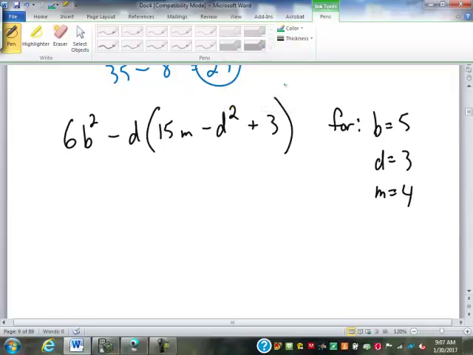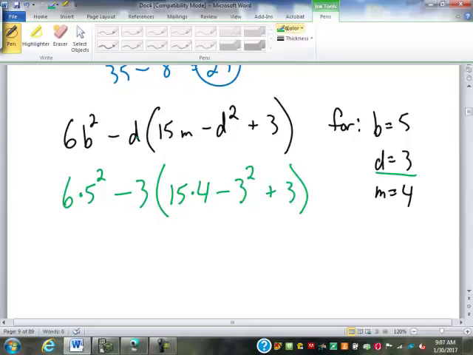So as I rewrite this, it becomes 6 times 5 squared, replace b with 5, minus d is going to become 3, times, in the parentheses, 15m becomes 15 times 4, minus d squared is going to become 3 squared, and then plus 3.